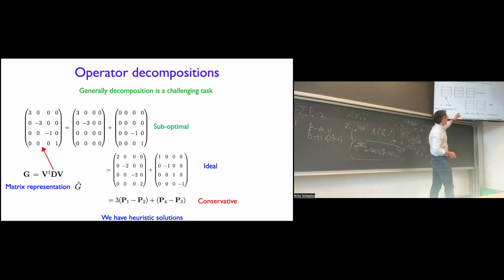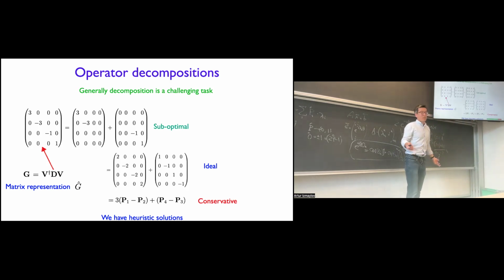But also, the ideal case scenario is these 2 operators with just plus minus 1 and plus minus 2 eigenvalues. So this just requires 2 simple operators to represent this generator.